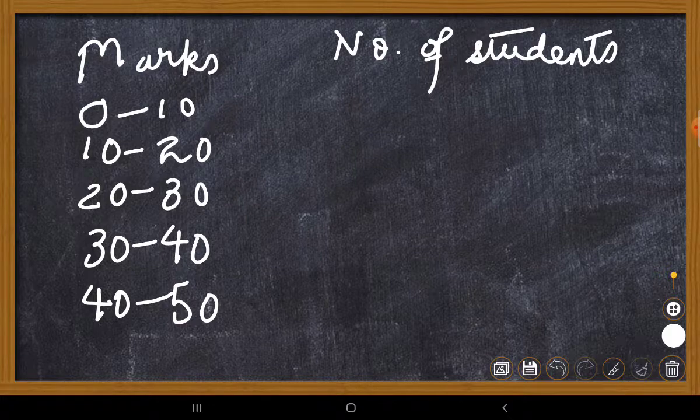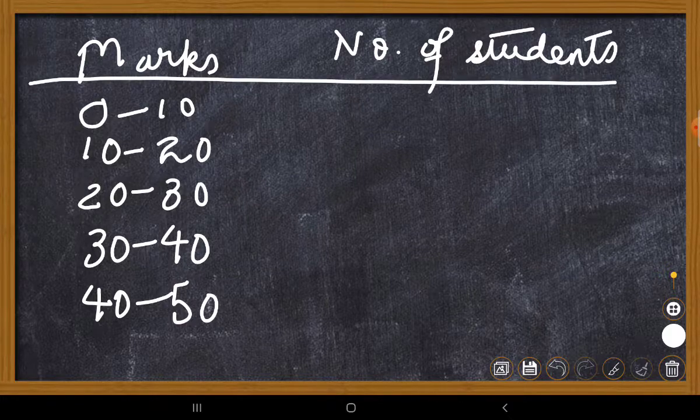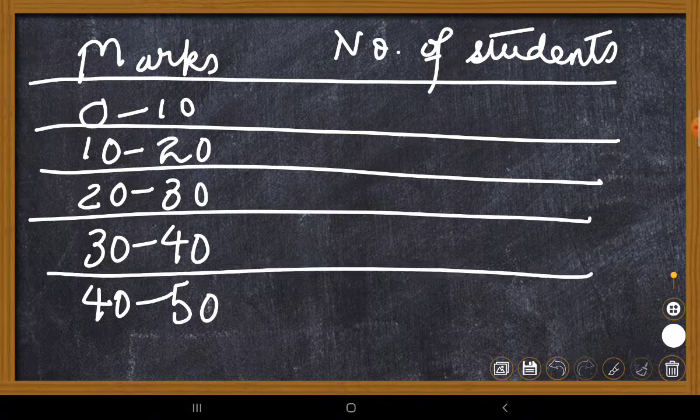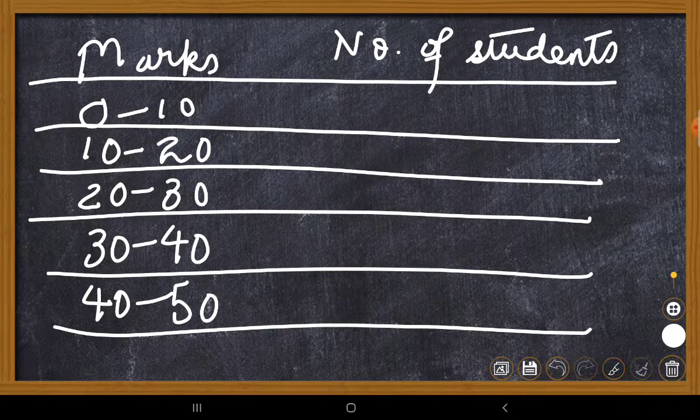And the corresponding number of students, those who scored between 0 to 10 are 15, then 10 to 20 will be 12, then 10, then 8 and 5.